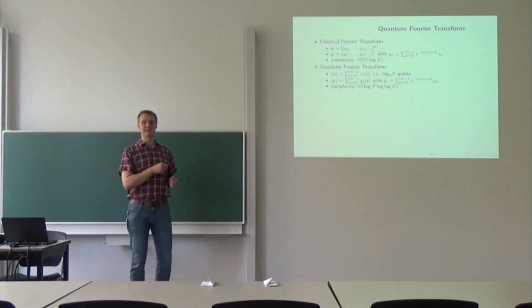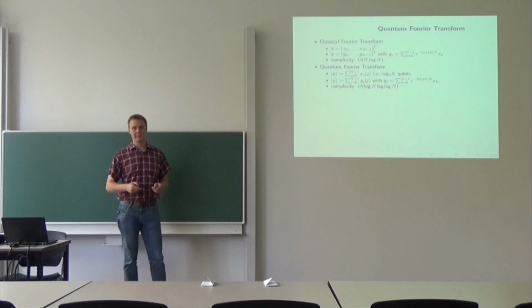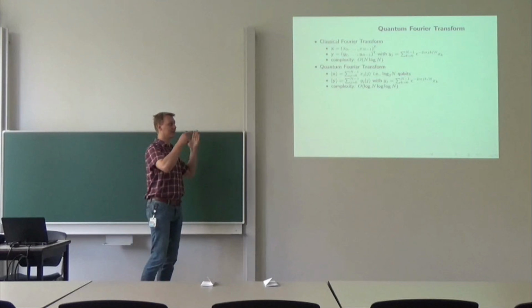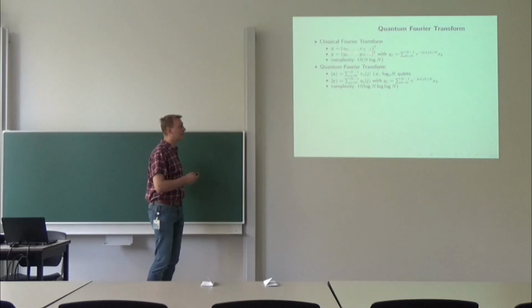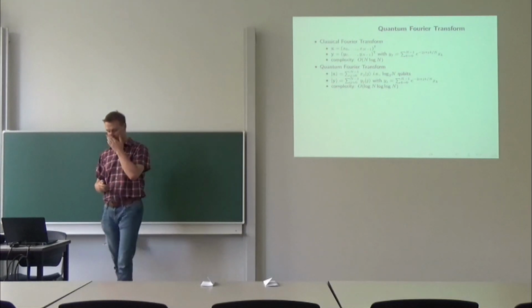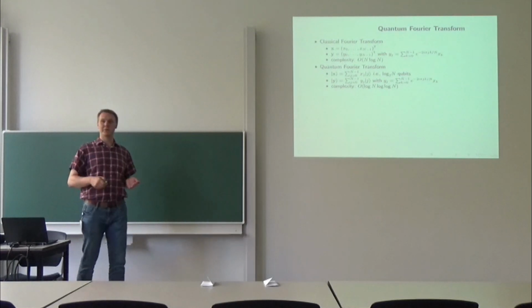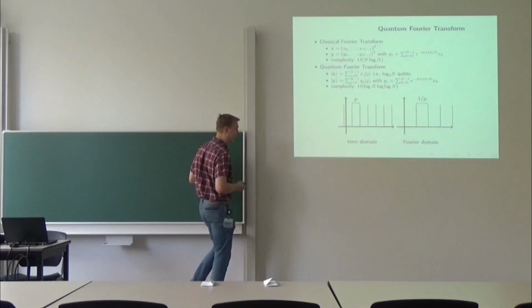And the complexity is the same in the number of things that it touches. But there are far fewer qubits here. So the complexity is k times log k, where k is the number of qubits, or with respect to the size of this vector, it's log n times log log n. So that's really interesting, but can we do anything useful with it? Big question. Sure, yes we can.